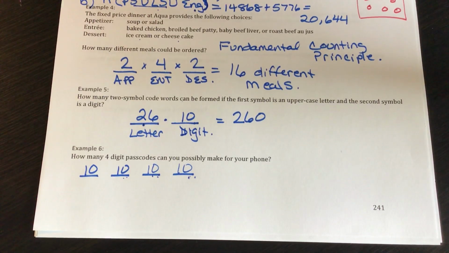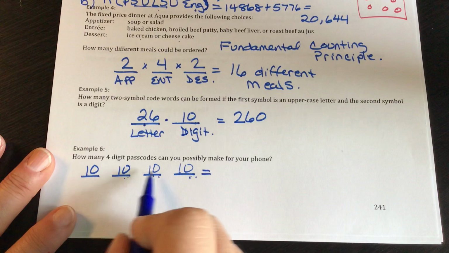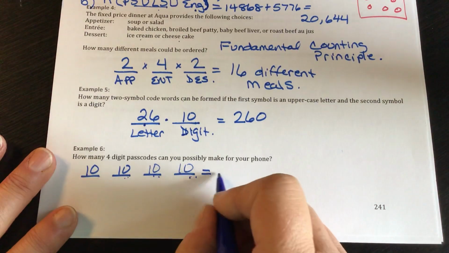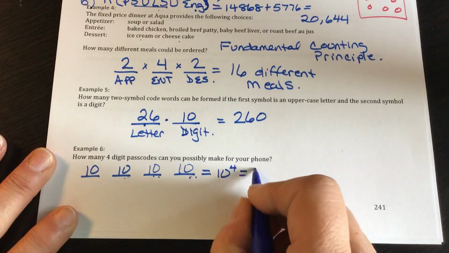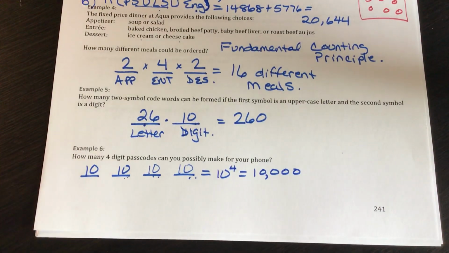I know on mine I have numbers that are the same. It could be like 2243, where the 2's repeat, or 7117, and in that case the 7's and the 1's repeat. In any case, the number of different passcodes is going to be 10 to the 4th power, or a 1 with 4 zeros, which is 10,000.